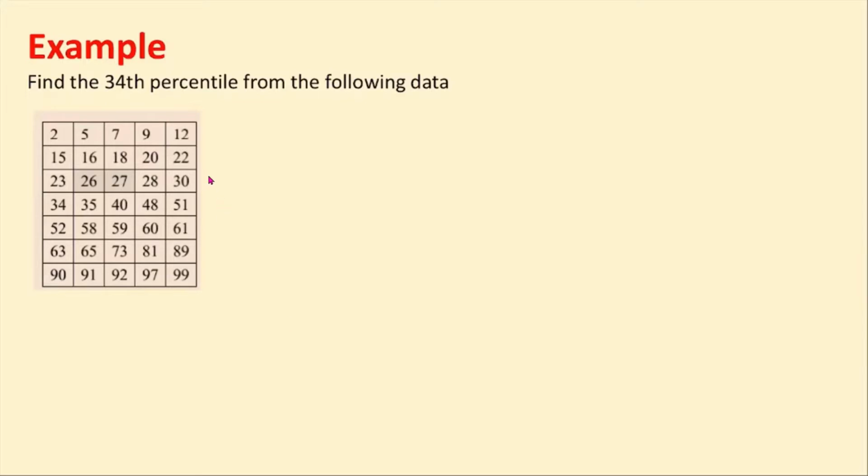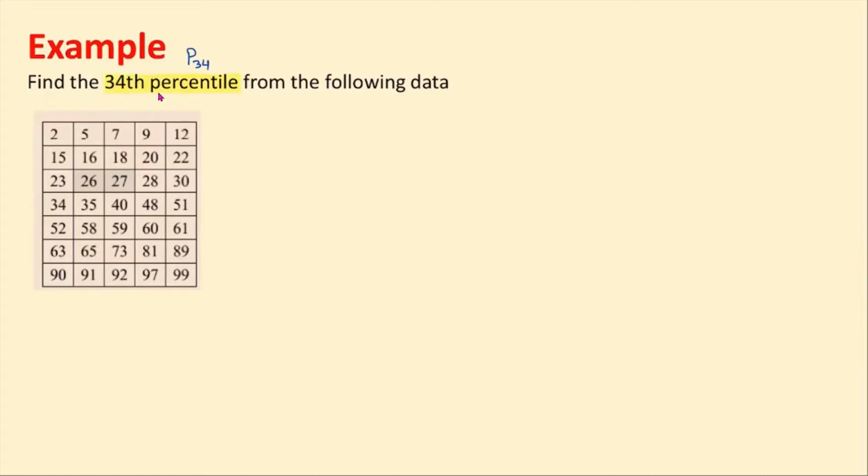So what we do is we try to find the 34th percentile, which is also denoted as P34. In order to find the percentile value, first we need to locate where that value is.